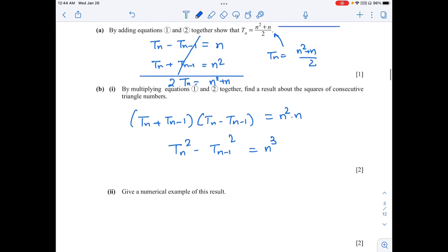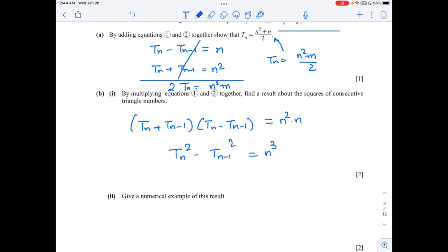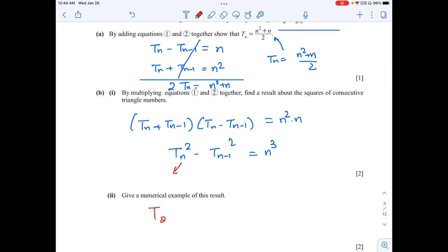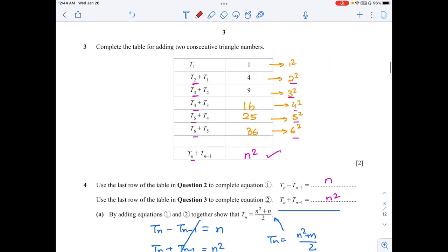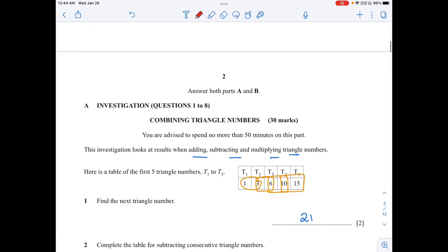Give a numerical example of this result. What does that mean? We can plug in any n value of our choice. So let us substitute n equal to 2. T2 square minus T1 square should be equal to 2 cube. Whether it is correct or not, we'll see. What was T2?